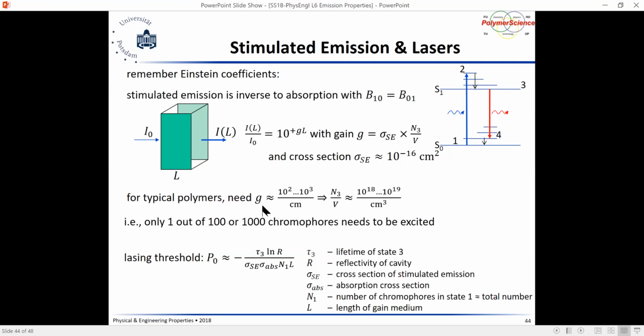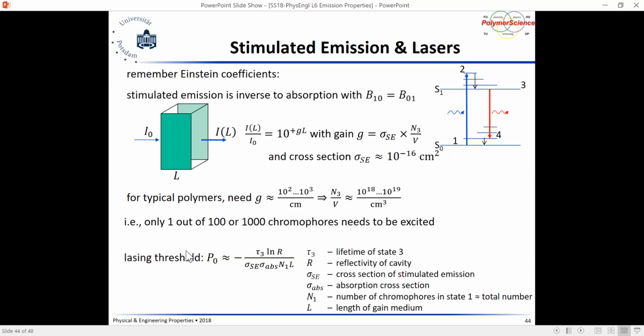Here are some numbers for typical polymers that we use. The gain G is about 10 to the power of 2 or 10 to the power of 3 per centimeter. That means that 1 out of 100 or 1,000 chromophores need to be excited in order to get lasing happening.